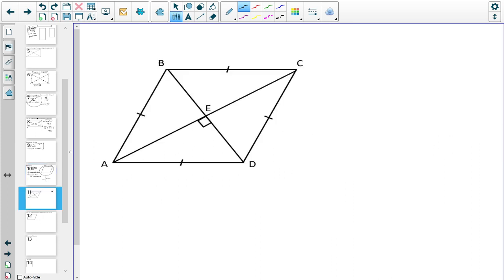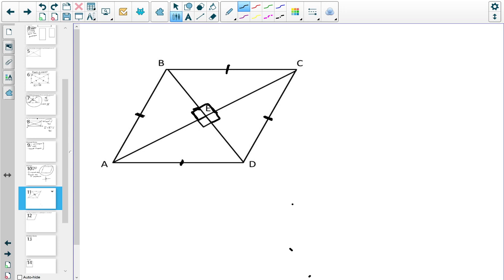Here's an example. This is a rhombus. As you can see, all sides are congruent to one another. Then we have these diagonals that meet at 90-degree angles, making them perpendicular. I'll draw a little square here in the middle for each of them. All of those are 90-degree angles, and that gives us some information that we can solve stuff with.